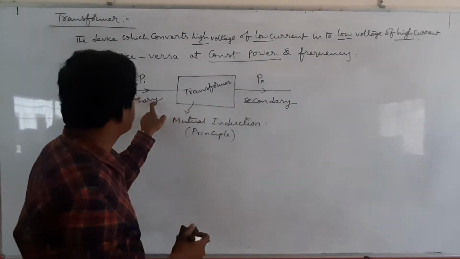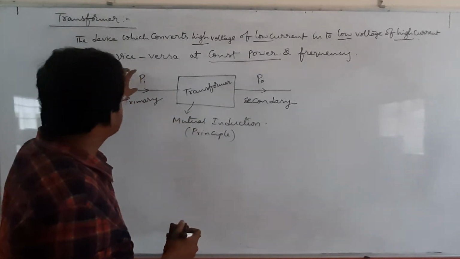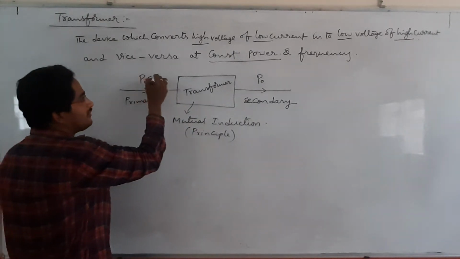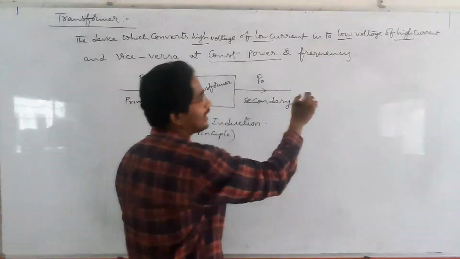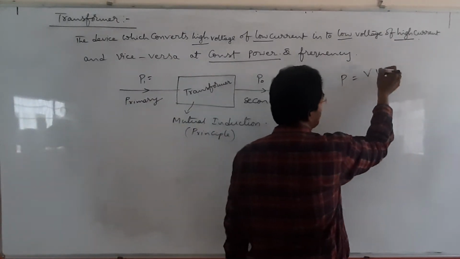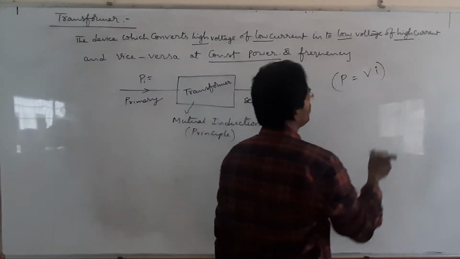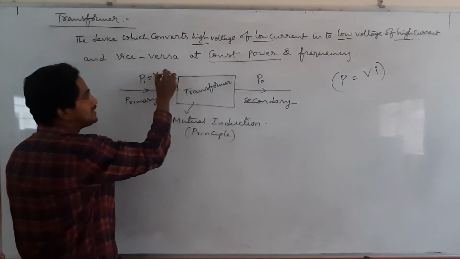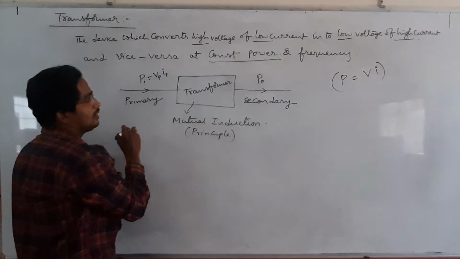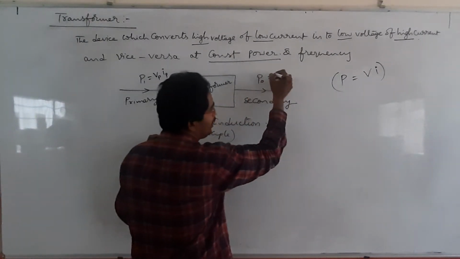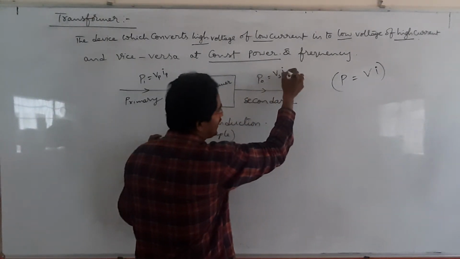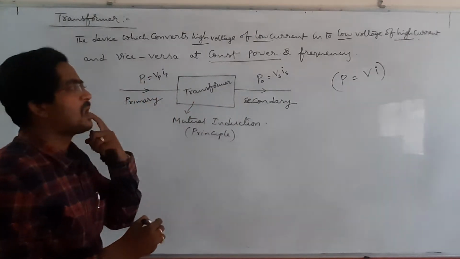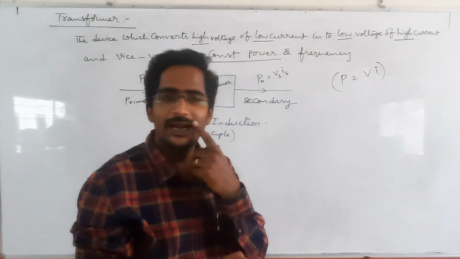Anyhow, in the primary circuit, what is the power value? The power formula: electrical power is voltage into current. So the primary power is primary voltage into primary current, and the output is secondary voltage into secondary current.